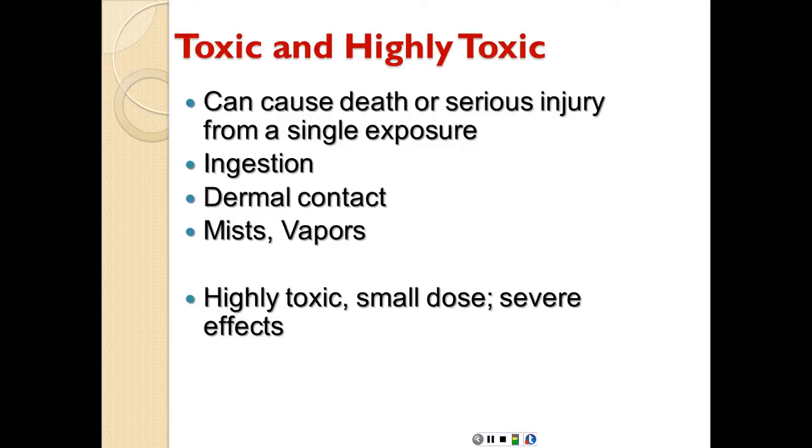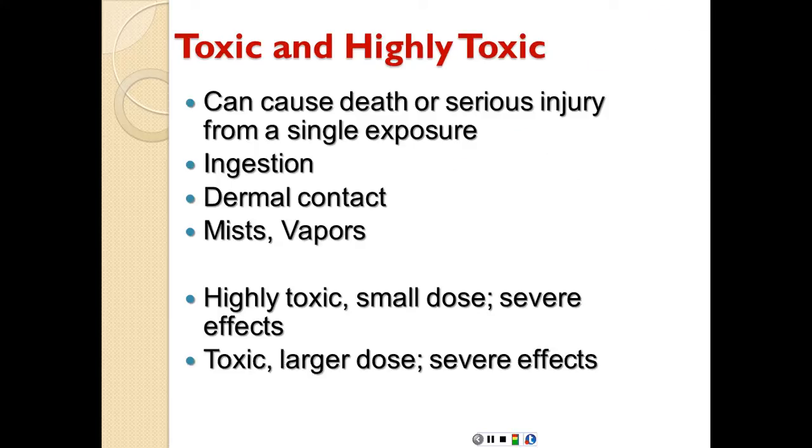Highly toxic means that a small dose can cause severe effects. So toxic and highly toxic can cause all of these effects, but highly toxic in a very small dose can cause these severe effects. Toxic, larger dose, again, is going to cause severe effects.